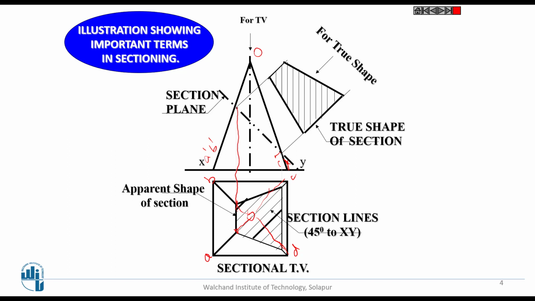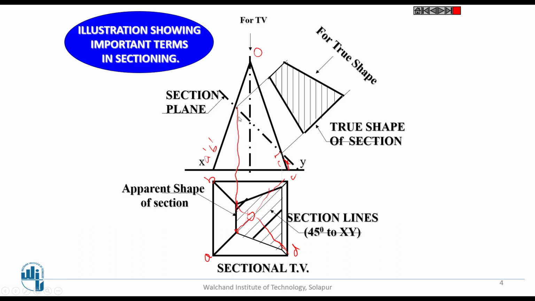So these are the points. You got it. Now these points, all the 4 points, you have to join. Then you get this as the sectional top view. Sectional top view, and this is apparent because this particular cutting plane is not parallel with the XY line.